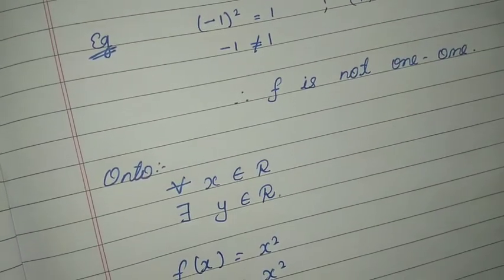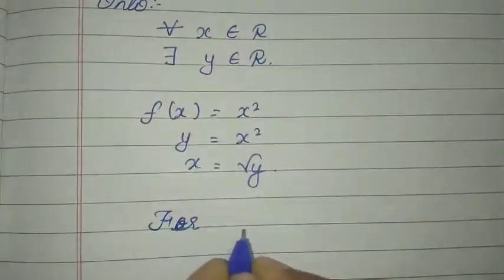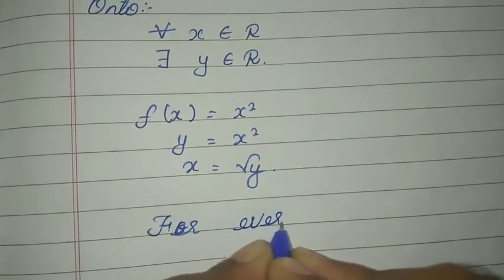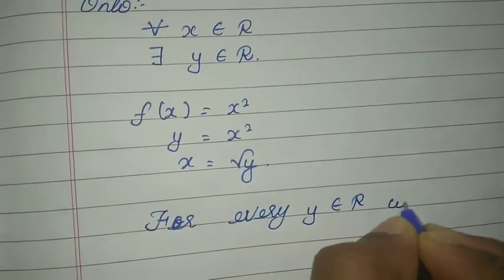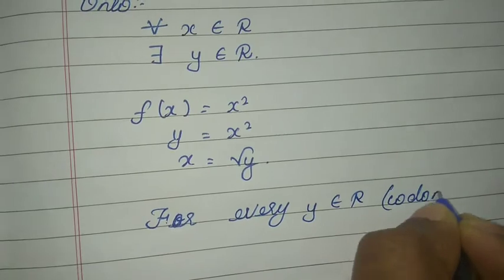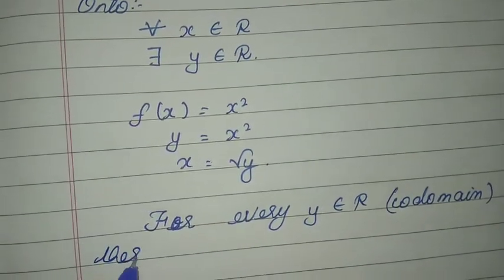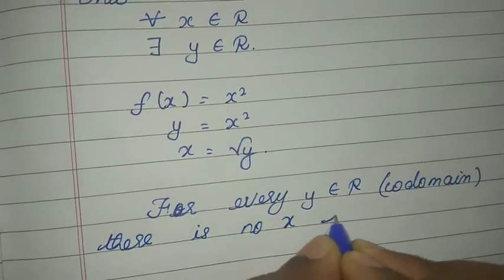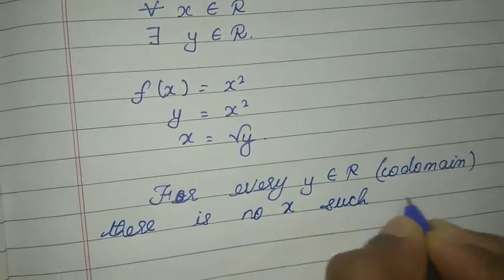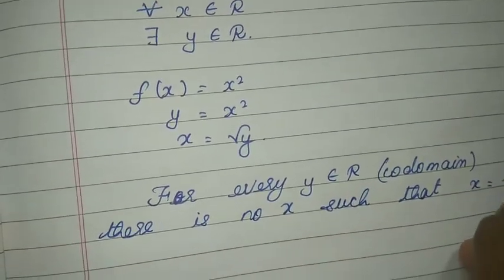For every y belonging to R in the codomain, there is no x such that x is equal to root y.